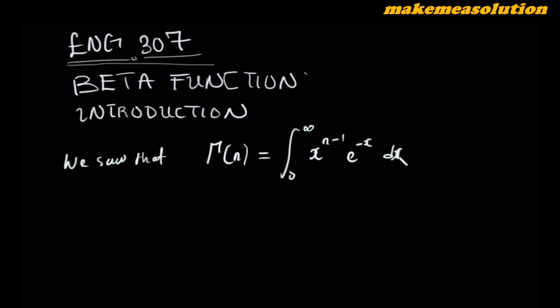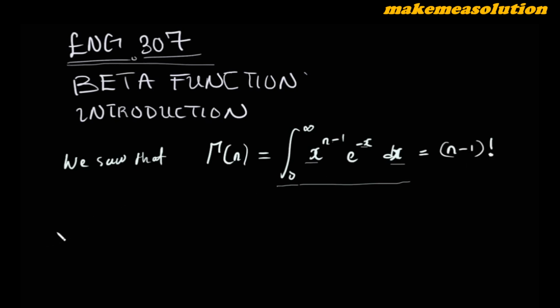And I told us that the variable you're using for integration doesn't matter. It could be y, it could be t, it could be anything. The most important thing is that your integration takes this pattern. Is that okay? So we saw that the gamma of n is n minus 1 factorial, for whole numbers.